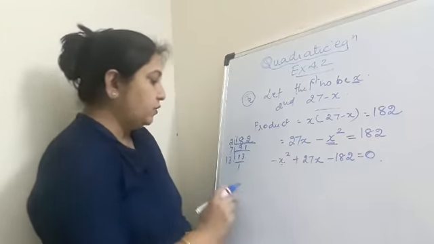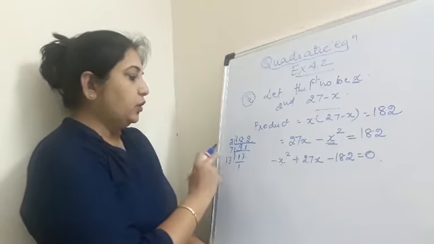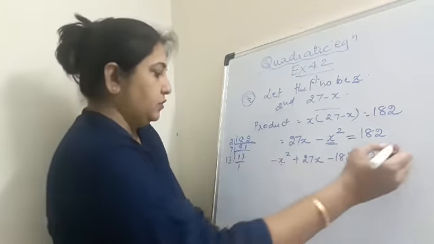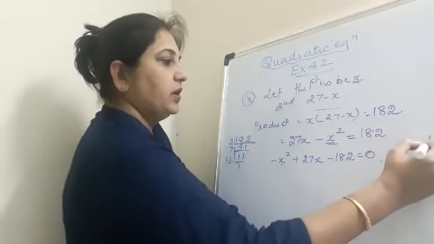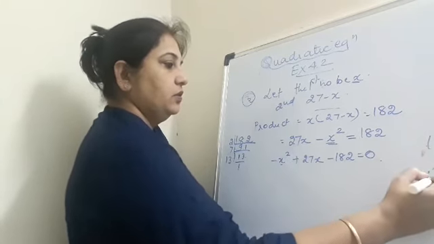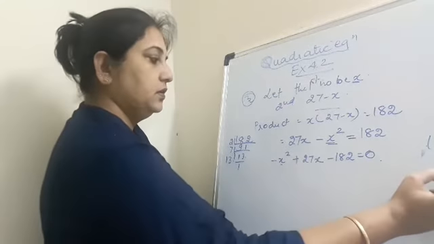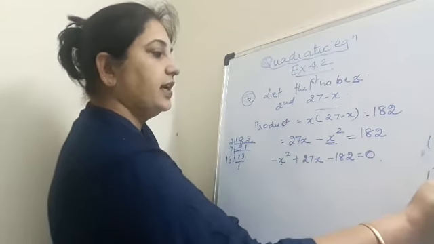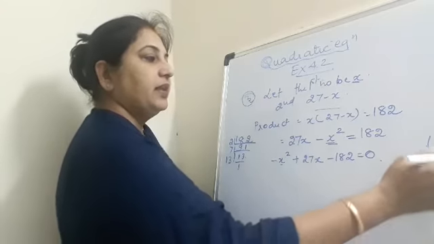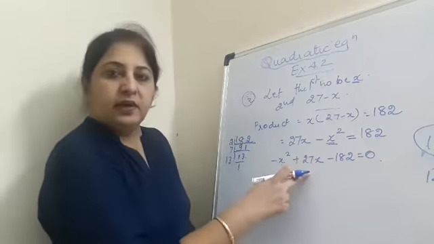Now we will take two factors, 14 into 13. So minus 182x square is equal to 14x and 13x. When I multiply them, I get 182x square, and when I add them, I get 27x.